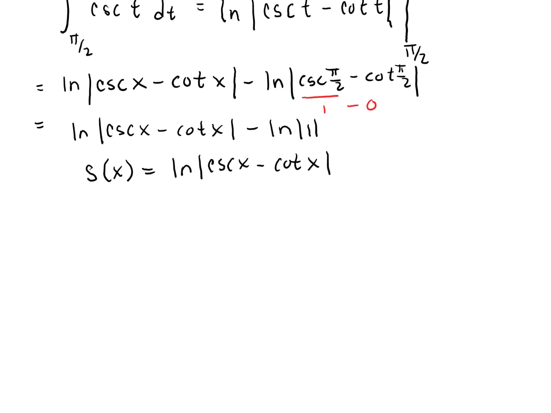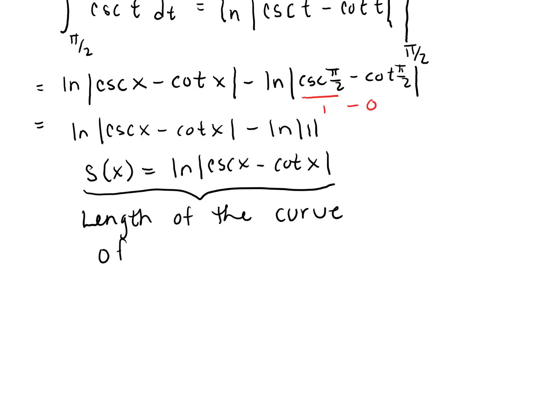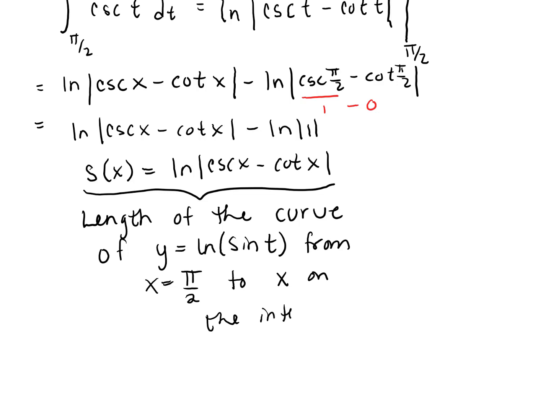And just as a reminder, what this is actually representing, it's a function. So this represents the length of the curve y equals the natural log of the sine of t from x equals pi over 2 to x, on the interval from pi over 2 to pi.